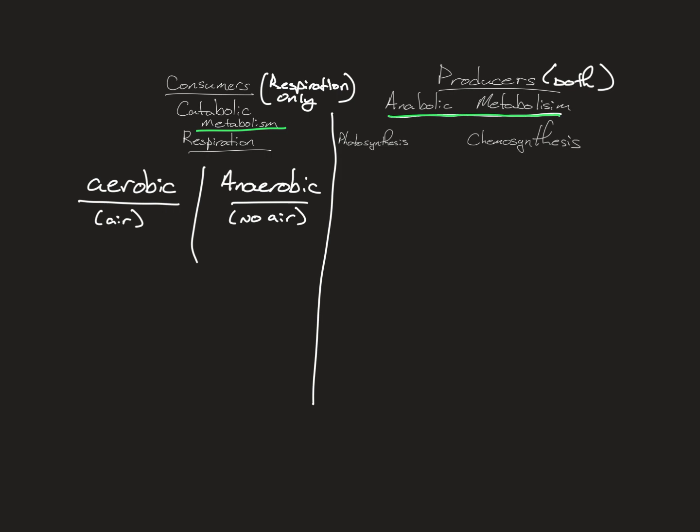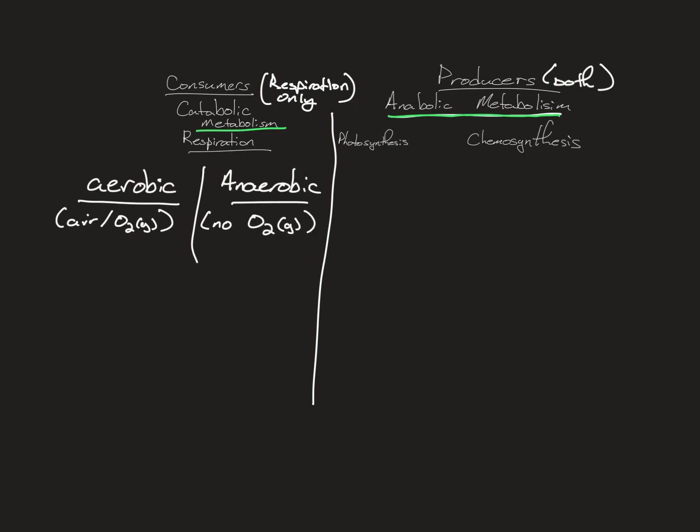I just like to use air because of aerobic, anaerobic, but I'm going to put air slash oxygen gas, right? So it uses oxygen gas, where anaerobic is no air, no oxygen gas.